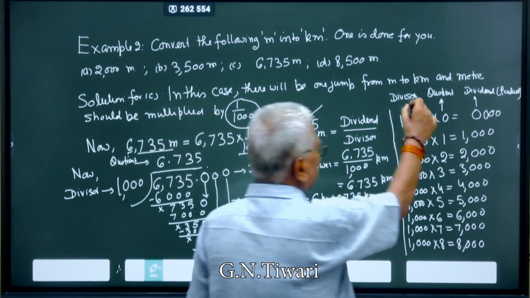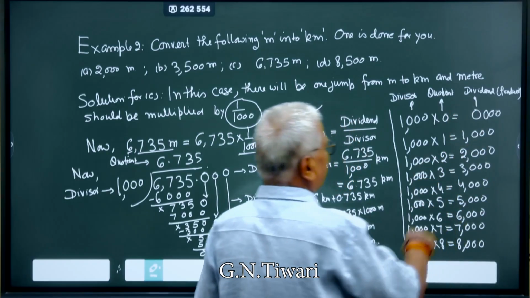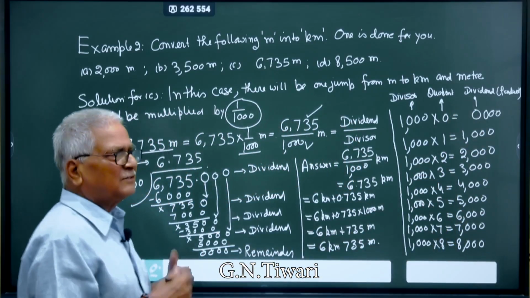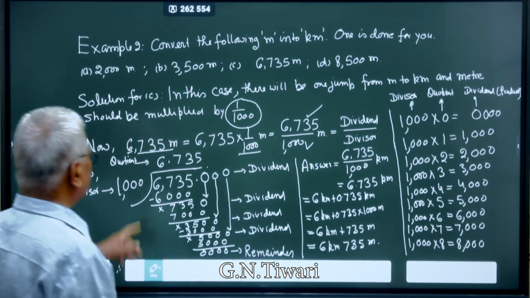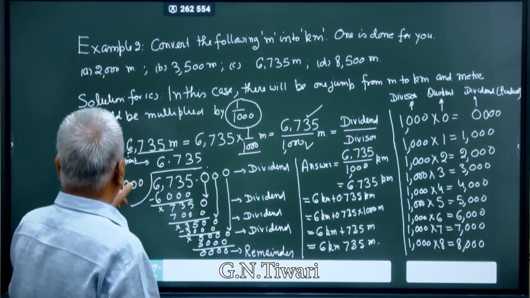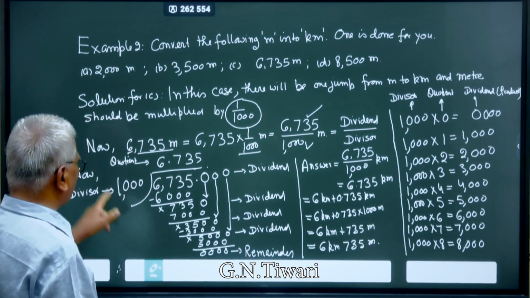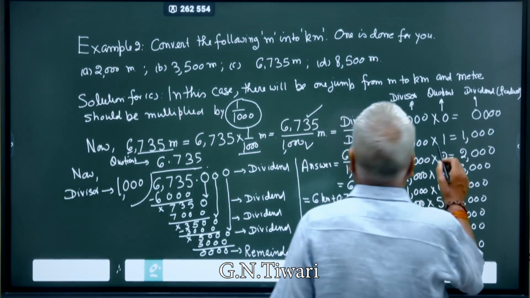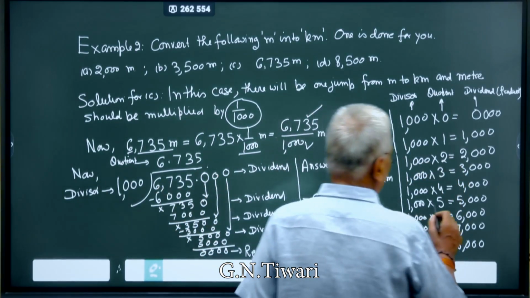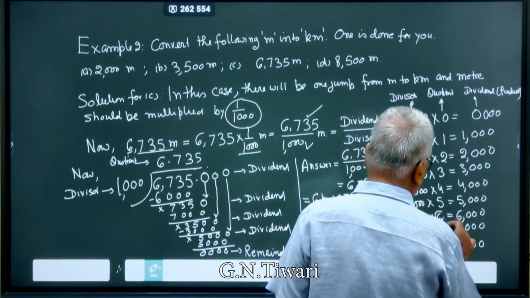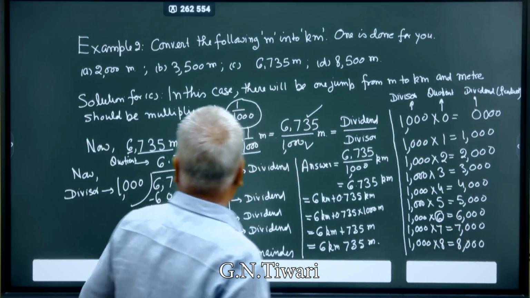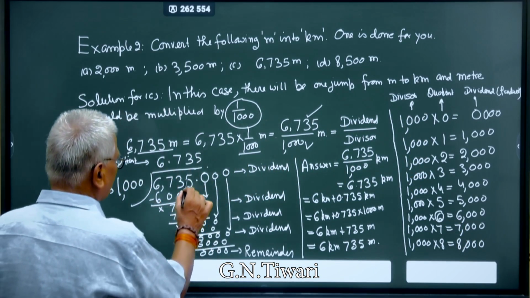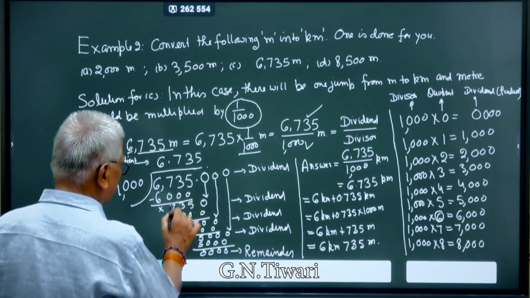Again I have written the table of 1000 here, as I have done for 10 and 100. Divisor is 4 digits. So if you want to take the 4 digits, now this is 6,000. So the quotient becomes 6, then it becomes 6,000, then 7, 3, 5.